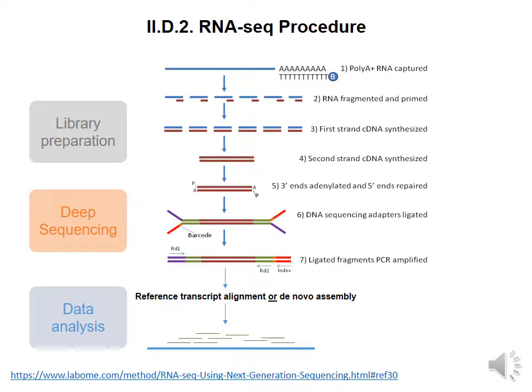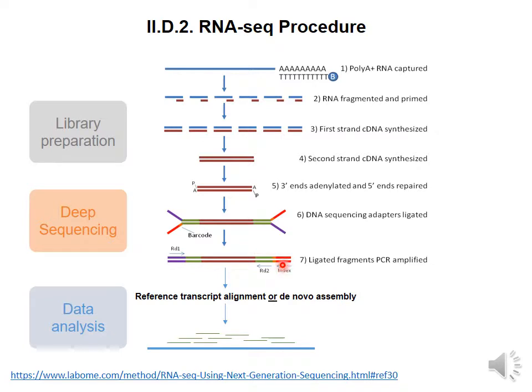Then all these fragments undergo different treatments to adenylate the 3' ends and repair the 5' ends. And then we follow with the ligation of different adapters that will bind to every single double-strand cDNA. All these adapters have a barcode that will allow the system to identify which adapters are bound to which transcripts.